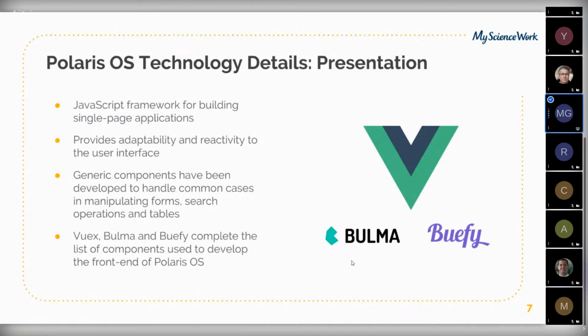From the day they said that to the day they stepped back, some weeks passed, and those were the weeks where the decisions about the front-end applications were being made for Polaris OS. So we said, well, this is a risk. We don't know what's going to happen there. Too many people just taking the risk. Facebook is a big one, hard to fight with, so let's keep away from that as well. And that's why we chose Vue.js at the moment.